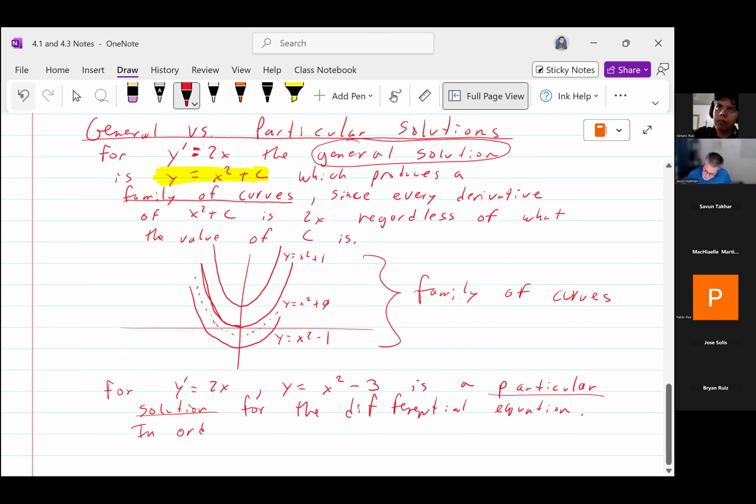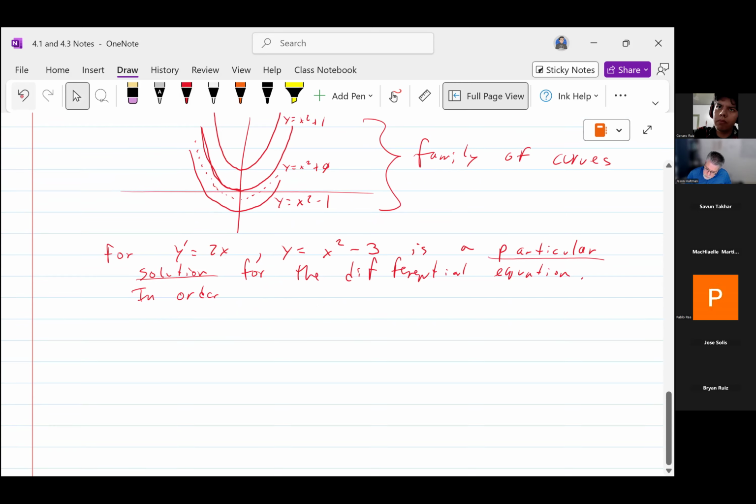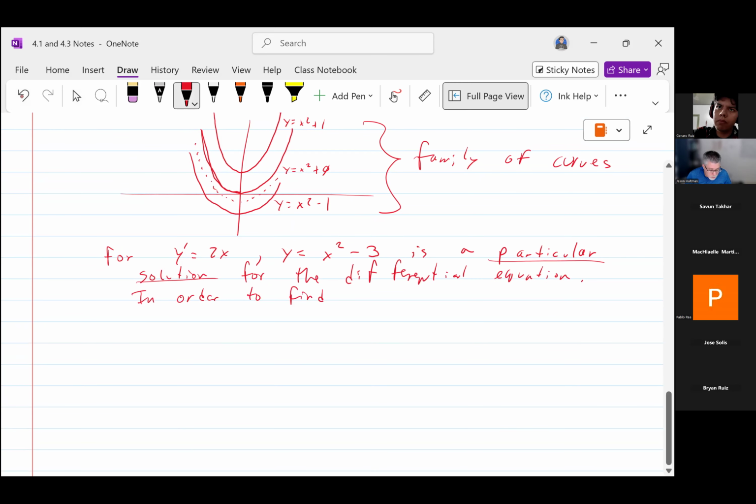In order to find the particular solution, we need to be given a specific point on the curve we are looking for.